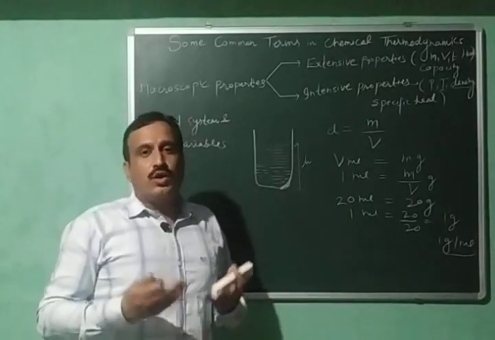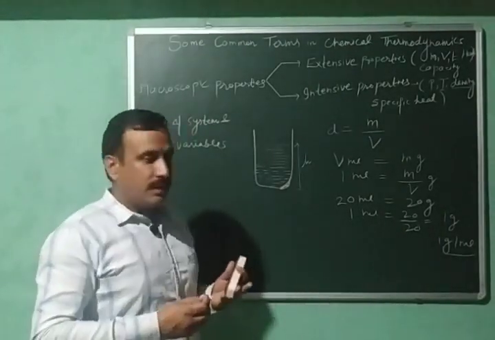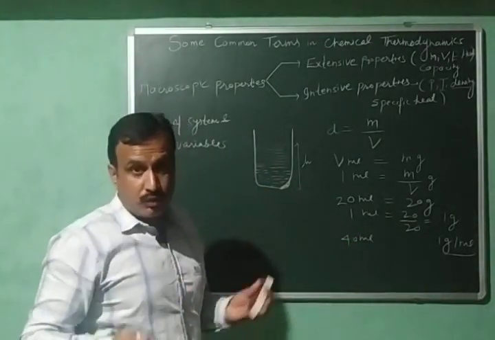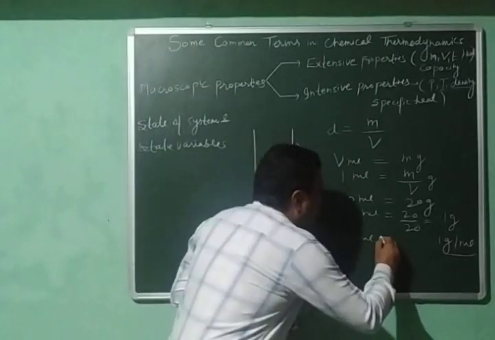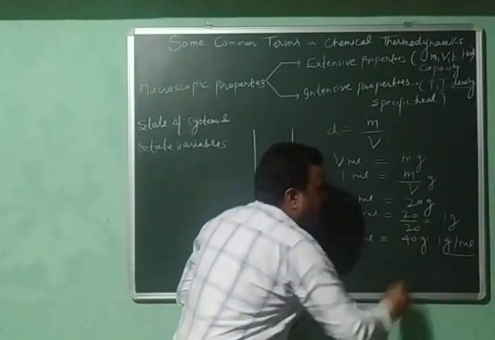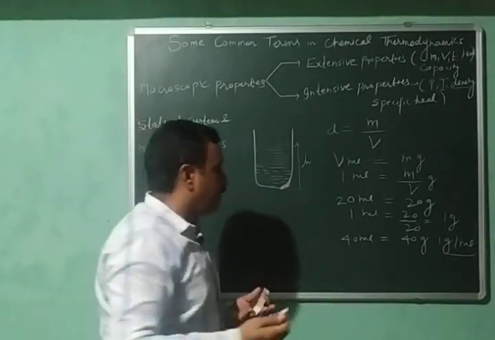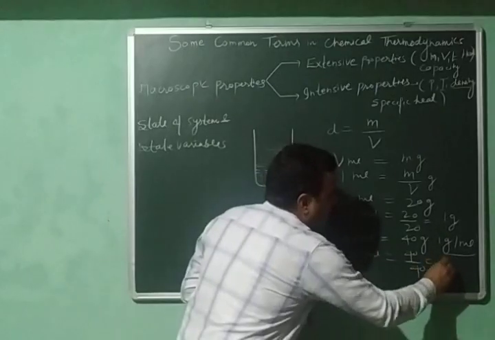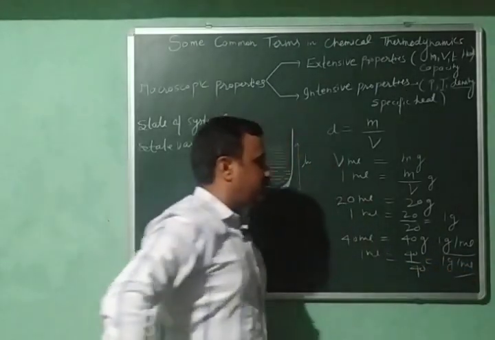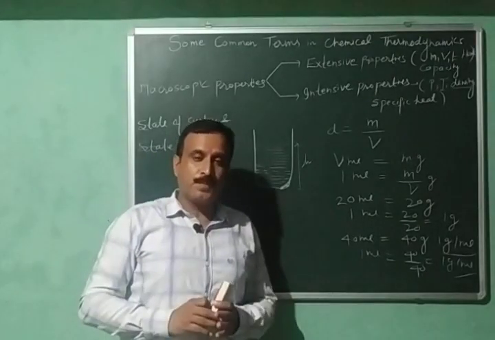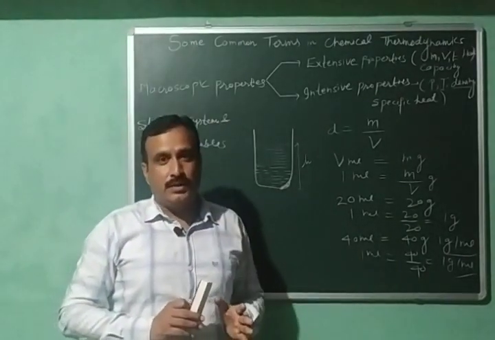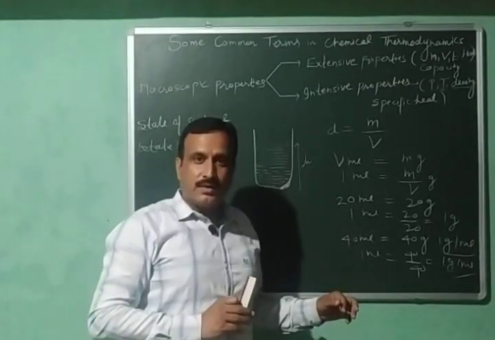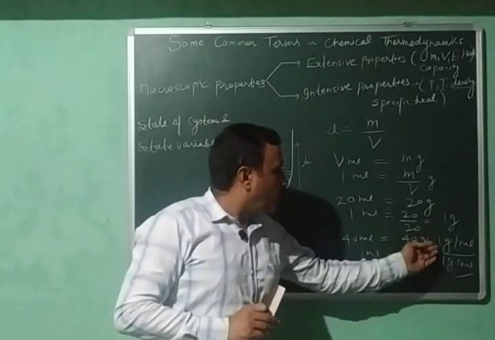Now if I increase the volume of water, suppose I have now taken 40 ml of water, the weight will also increase. The 40 ml water will have 40 gram weight. Then what will be the density again? That is the weight of 1 ml, that is 40 divided by 40, again 1 gram per ml. This means that density is an intensive property, because as I have increased the quantity of water, the density remains the same. It is again 1 gram per ml.